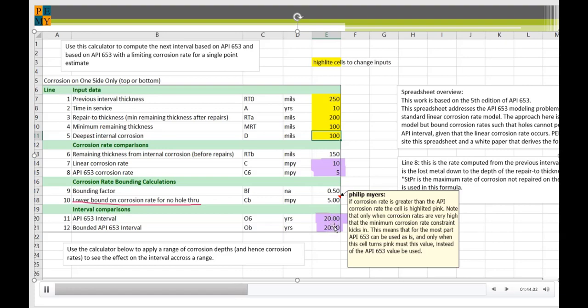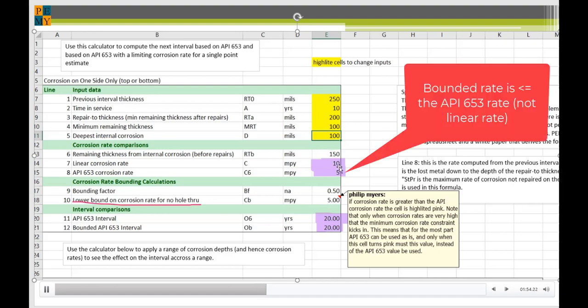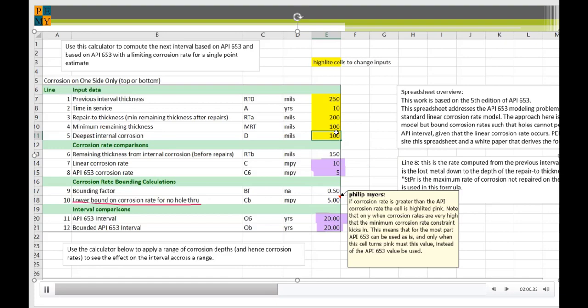Both corrosion rate lives are the same, because the lower bound on corrosion is still less than the linear corrosion rate. As long as it's less than the linear corrosion rate, there is no issue. The 653 methodology works.